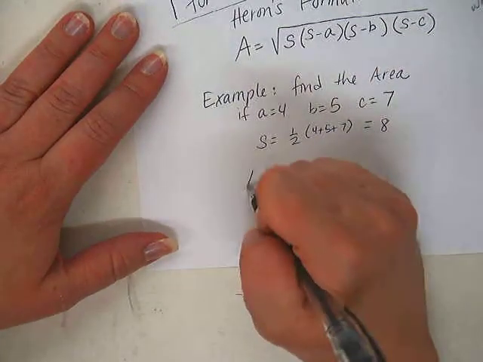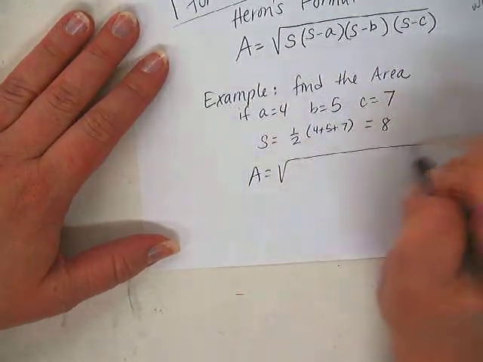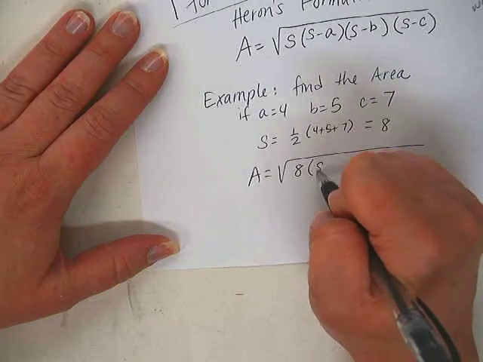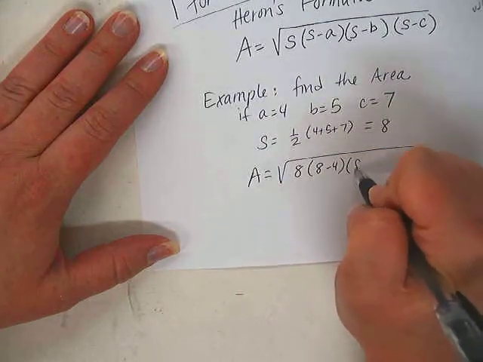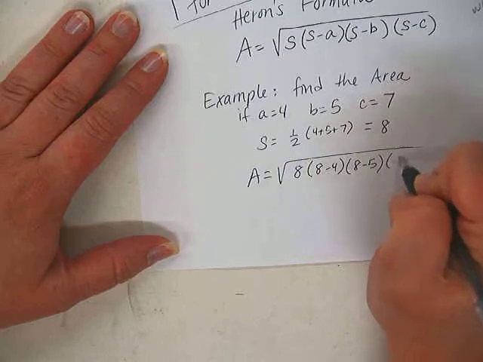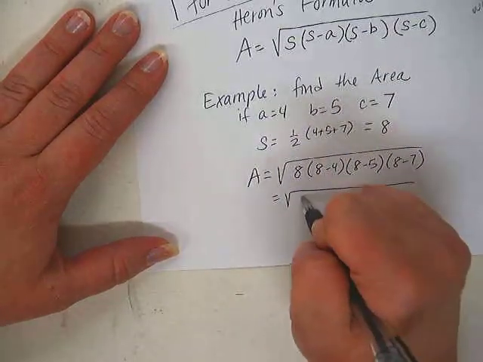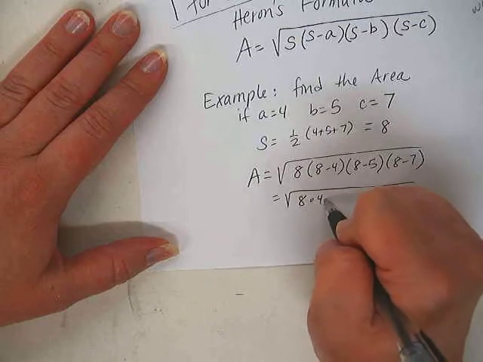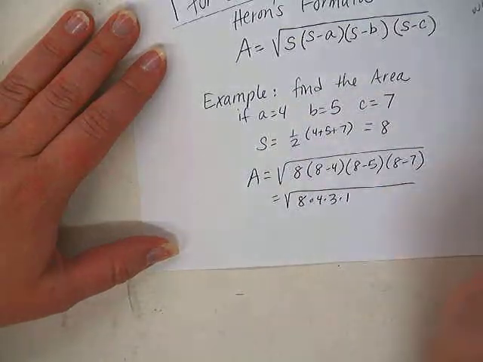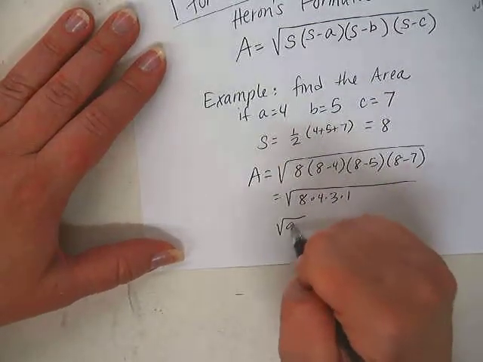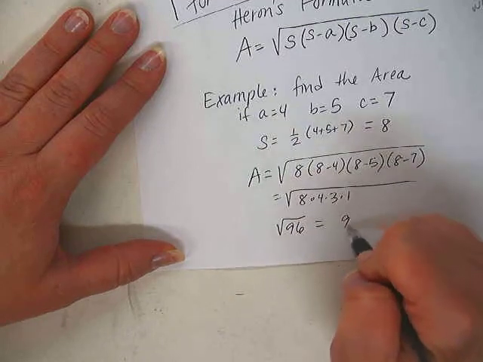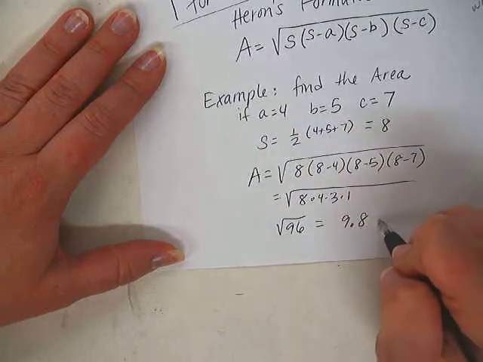Let's check our answer. We ready? So first we find S by doing half of 4 plus 5 plus 7, which is half of 16, which is 8. Then we find the area by doing 8 times 8 minus 4 times 8 minus 5 times 8 minus 7.